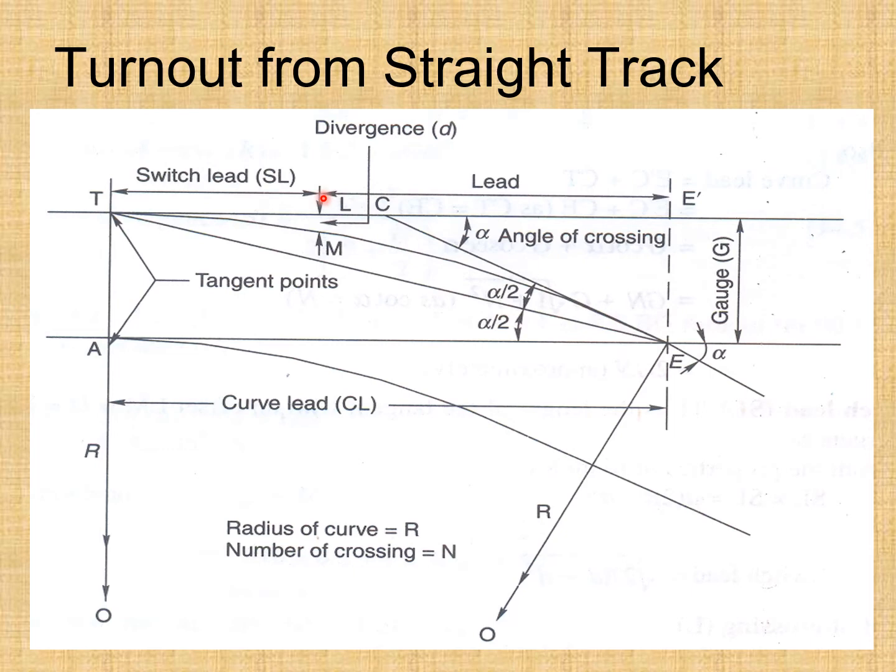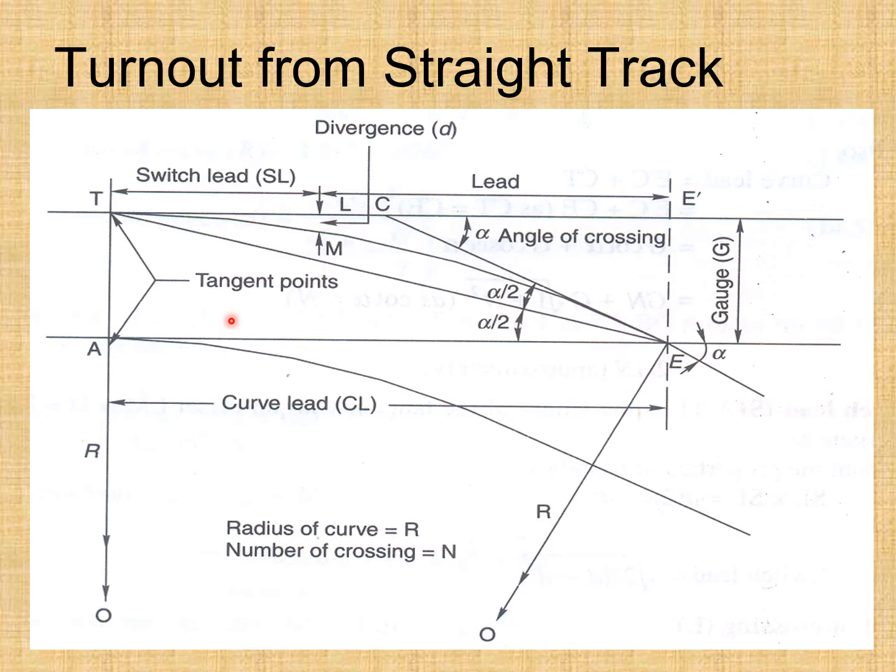And then another thing, the distance from this point to the nose is known as the curve lead. And you can see that here the radius of the curve is R and the number of the crossing is N, or capital X. For the crossing size we can use the capital X or N. Both symbols can be used.